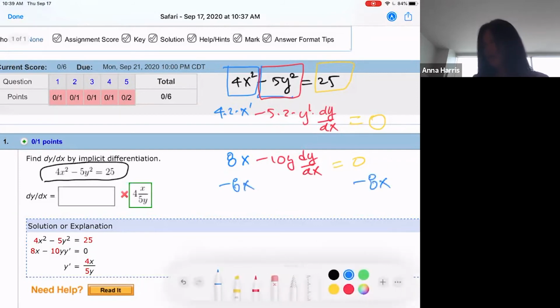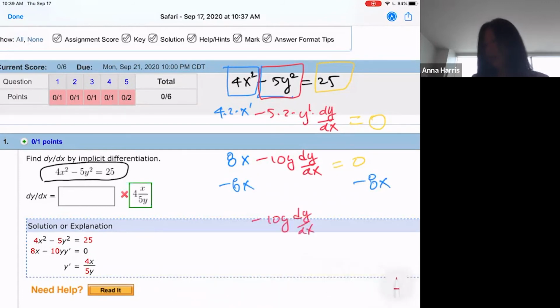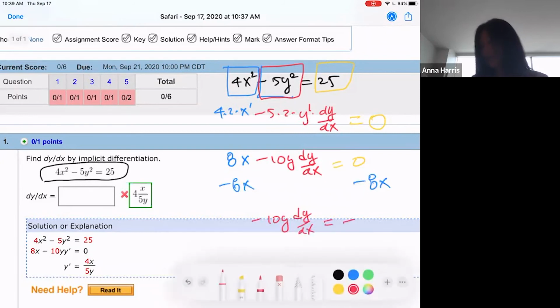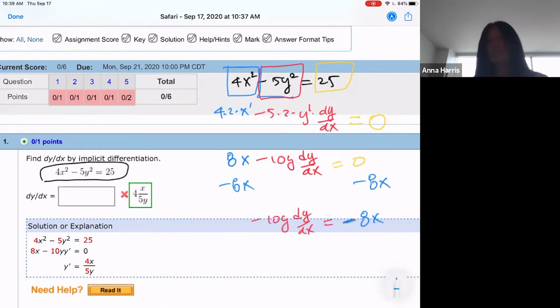Okay, so now I'm just left with negative 10y dy dx equal to negative 8x. Now I'll divide everything by negative 10y.